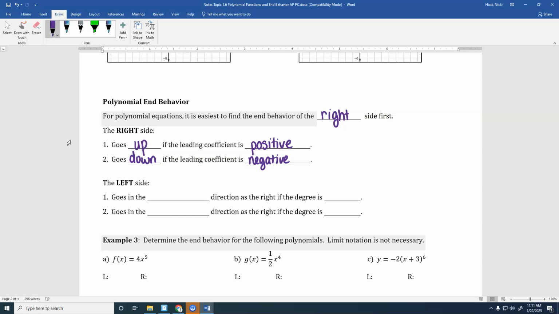The left side goes in the same direction as the right if the degree is even. And it goes in the opposite direction of the right if the degree is odd.